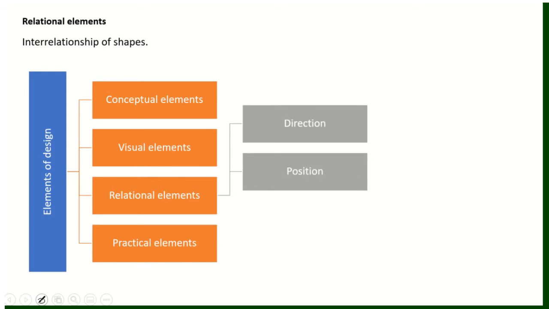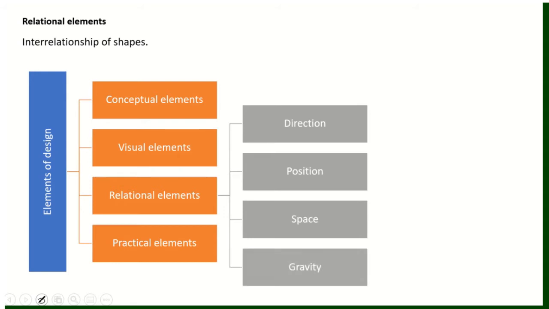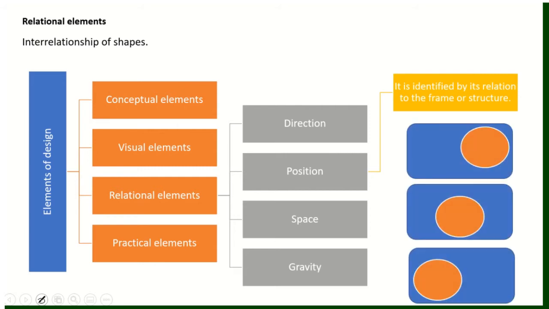How will the position of a shape be identified? The position of a shape is identified by its relation to the frame or a structure. For suppose here two shapes are there. Let's consider a rectangle which is inscribed with a circle.